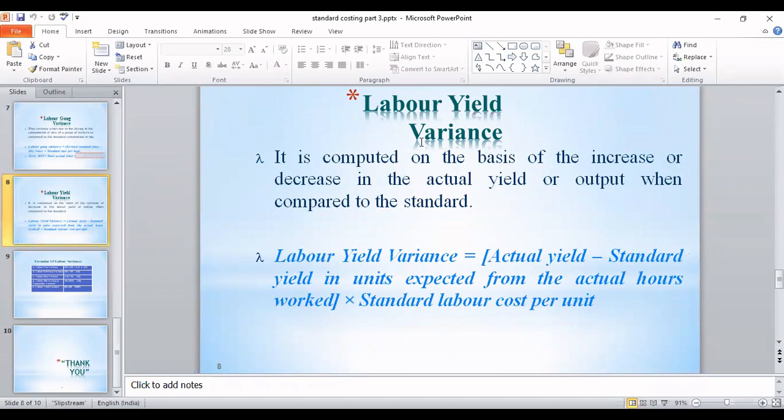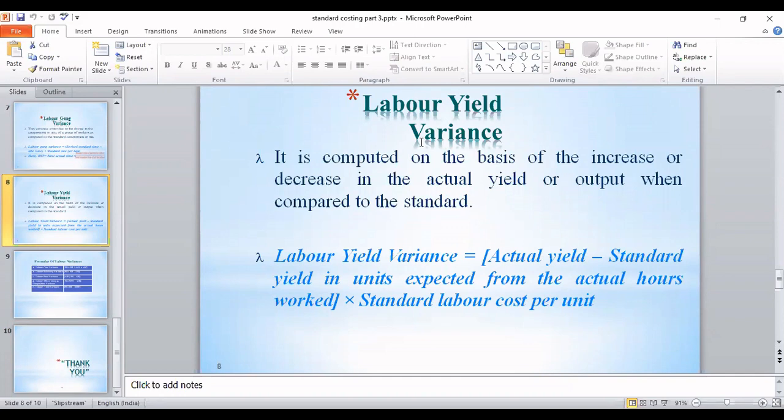This variance also arises when there is more than one type of worker engaged in our work. It is possible that your skilled workers may be more efficient and unskilled workers less efficient, or vice versa. Is it possible or not?